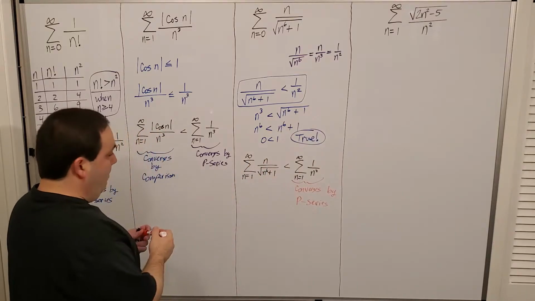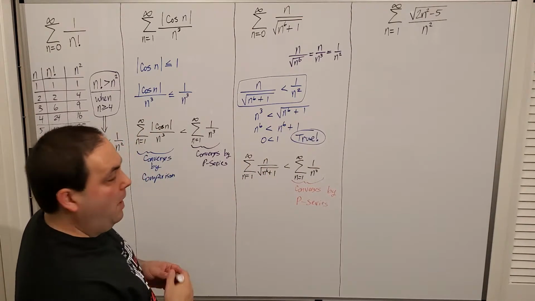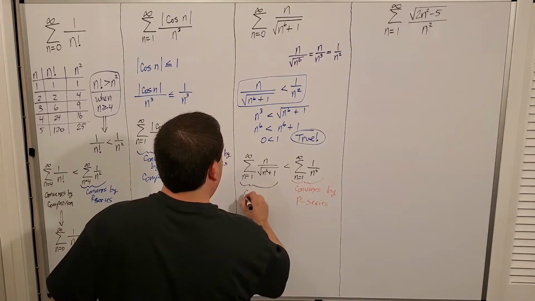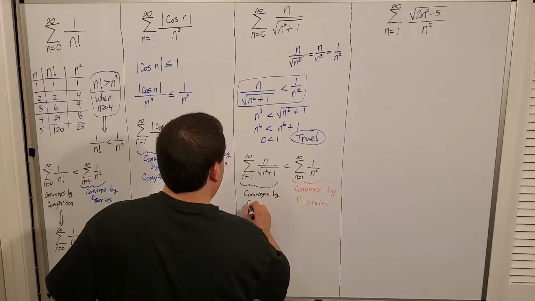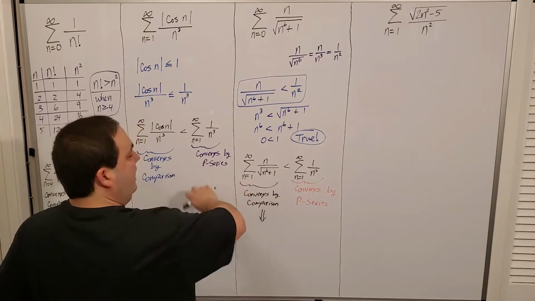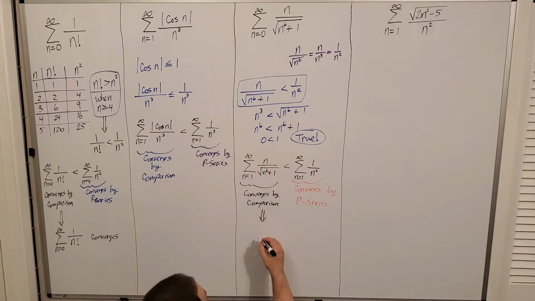So therefore, my series converges by comparison. And then I have one more step because I can add in the other number. Therefore, n equals 0 to infinity of n over square root of n to the 6 plus 1 converges.